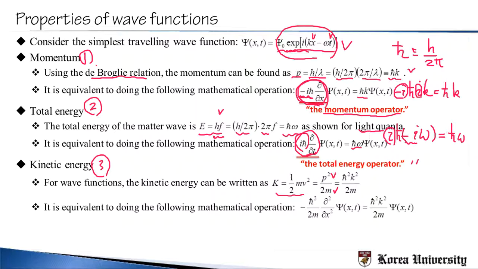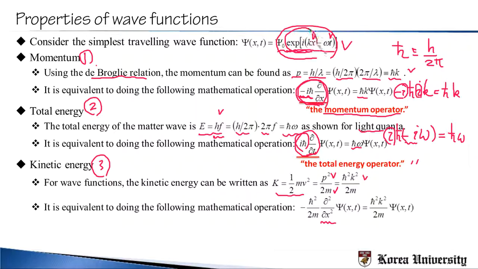We already learned that momentum for the matter wave is h bar multiplied by k. So in order to get this k squared, what you have to do is take the second partial derivative with respect to position. Let's try that explicitly.